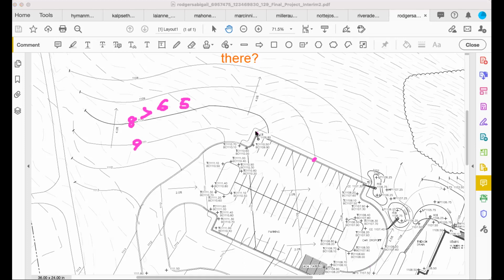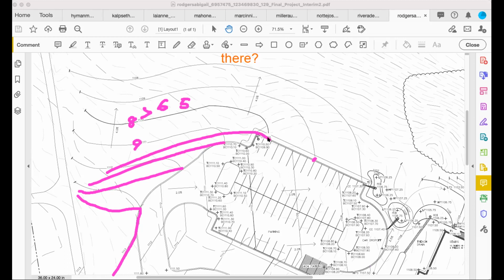That's 10. Yeah, you kind of have to stay very tight on that side, otherwise you would run into issues.